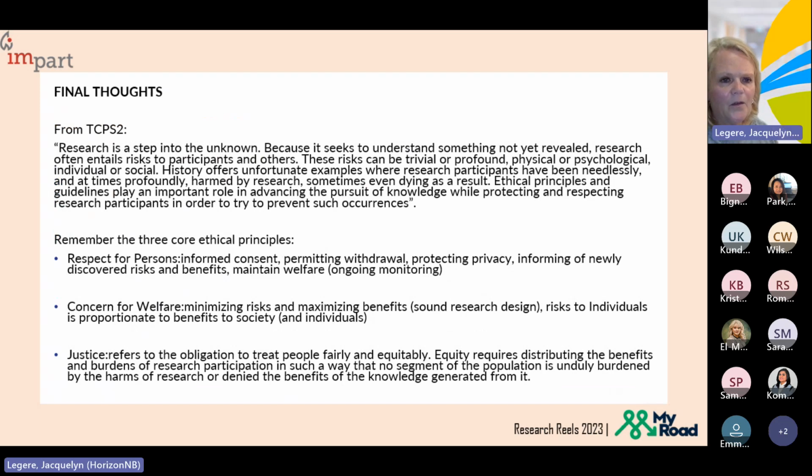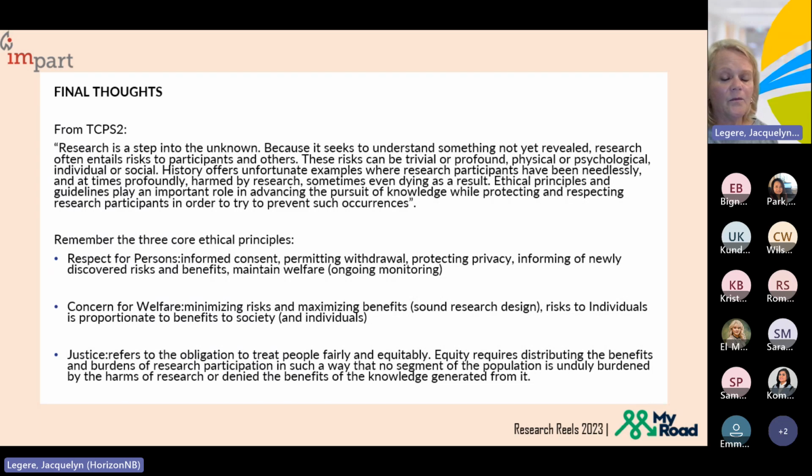Just want to leave with some final thoughts. From the TCPS2, it's a really important statement that research is a step into the unknown, and because it seeks to understand something not yet revealed, research often entails risks to participants and others. These risks can be trivial, or they can be profound: physical, psychological, individual, or social.